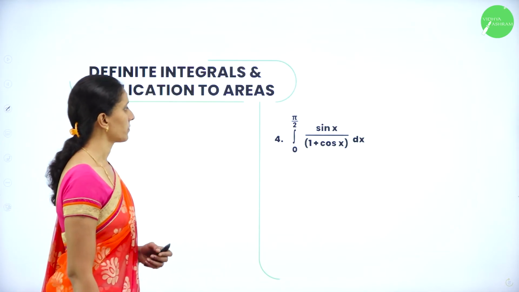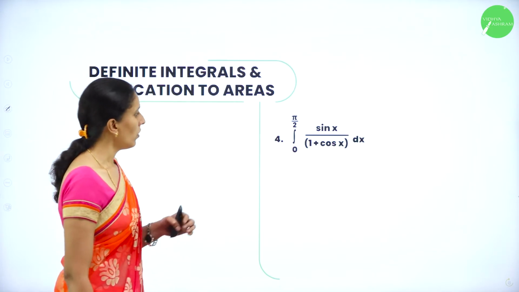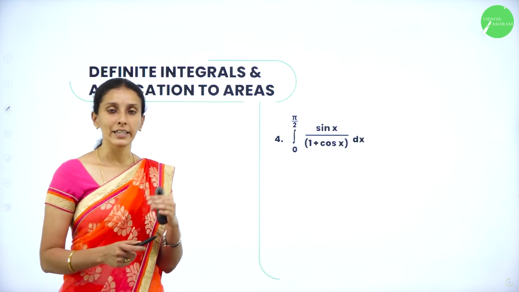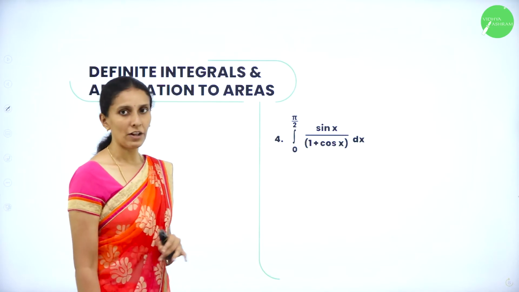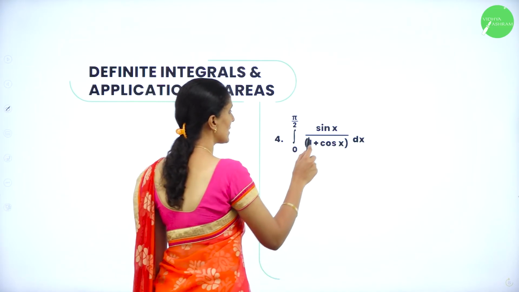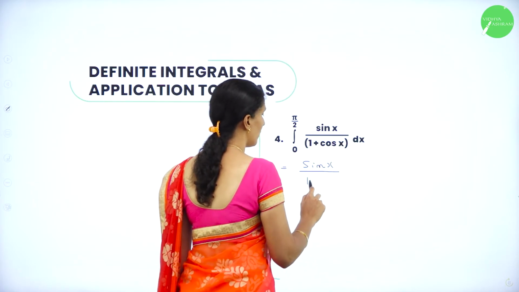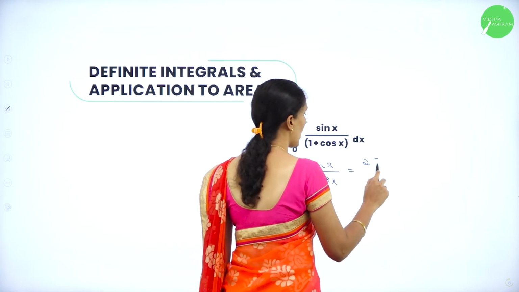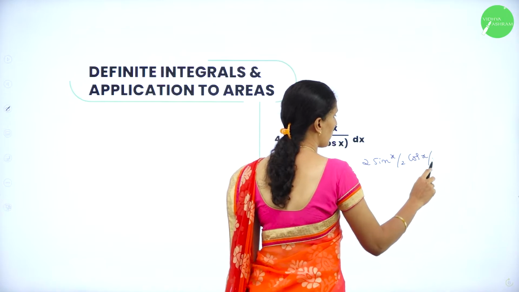Next one, sin x divided by 1 plus cos x. So here we have a trigonometric function. So let us take the integration by substitution method. Now by the half angle formula, I can write sin x as 2 sin x by 2 cos x by 2.